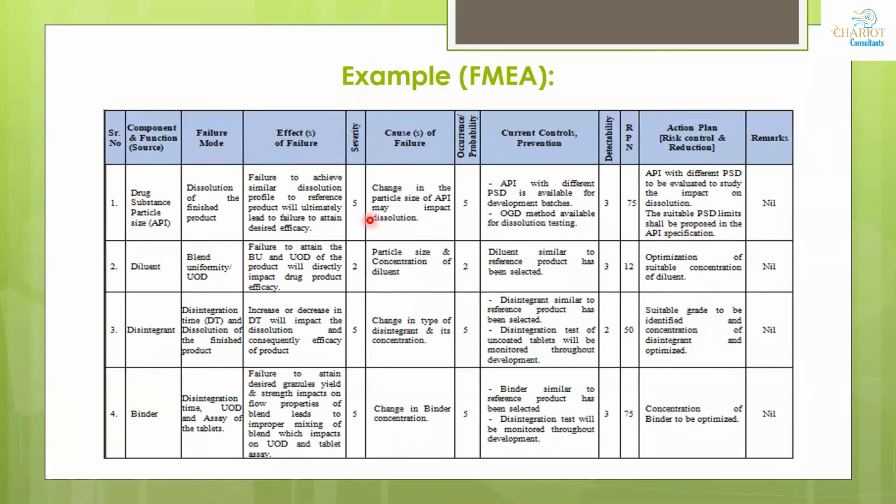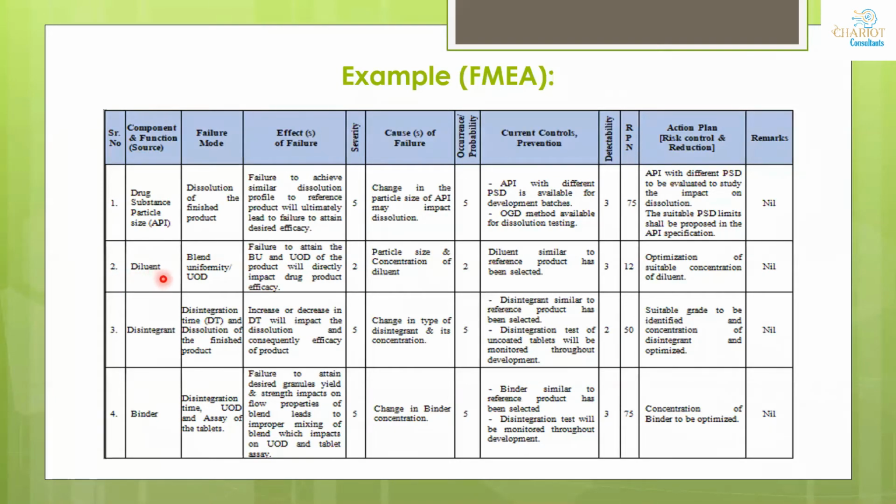So what we mean is, to control this risk from medium to low, we will first evaluate API with different particle sizes, and based on the dissolution results we get as per our target, and the PSD which we used in our formulation, we will finalize the PSD of that API and put it as an API specification. So we will ask the vendor to only supply that API which has a particular particle size. Okay.